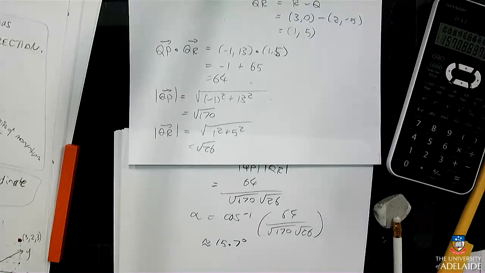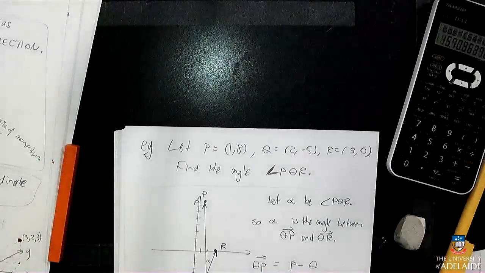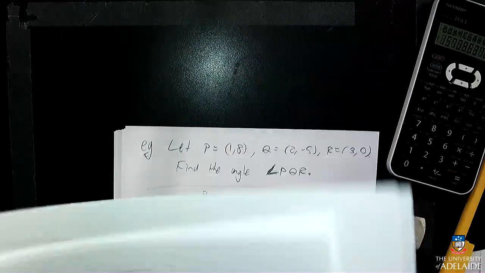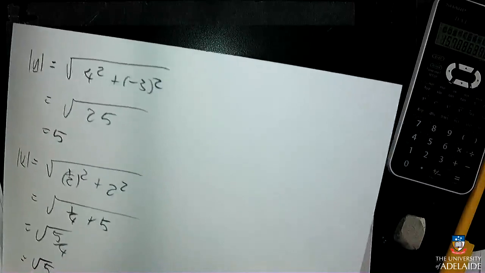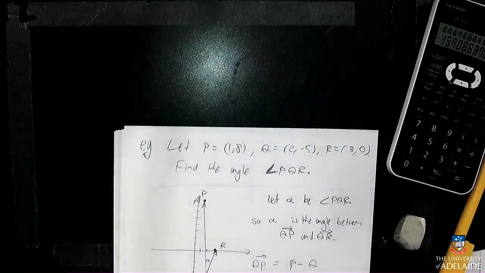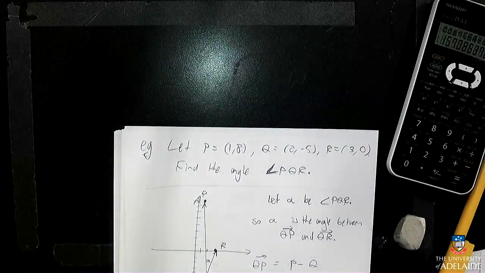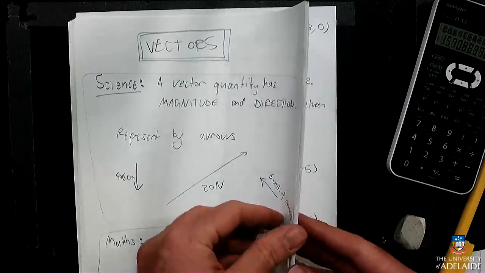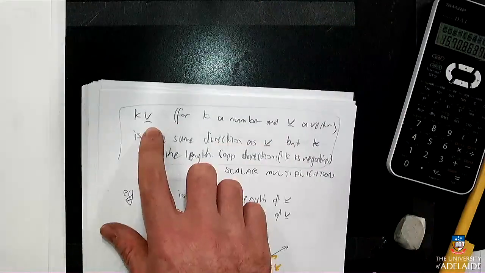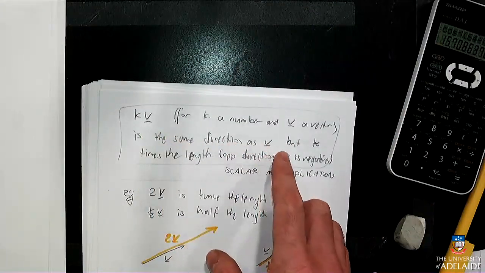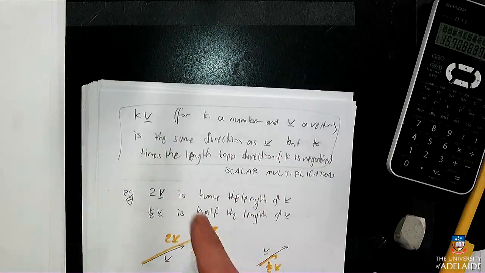All right, cool. Now, we can calculate angles, we can calculate lengths, we can find unit vectors, we can add and subtract vectors. Okay, oh, I've forgotten something. I said something back there and I'm going to need to repeat it. When I did scalar multiplication, kv is in the same direction as v, but k times the length.